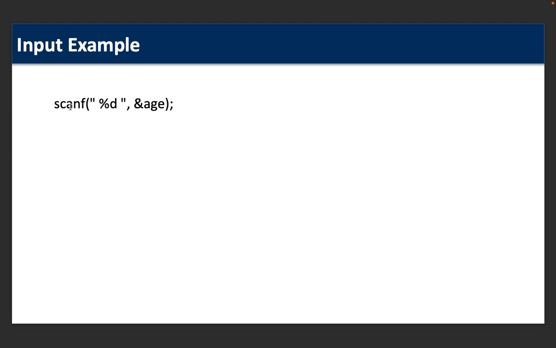Suppose you want to add a number from the user. How will you do it? We can use the scanf function, and you need to specify what type of data it is. Suppose it's an integer, so you need to add %d or %i, and the variable.